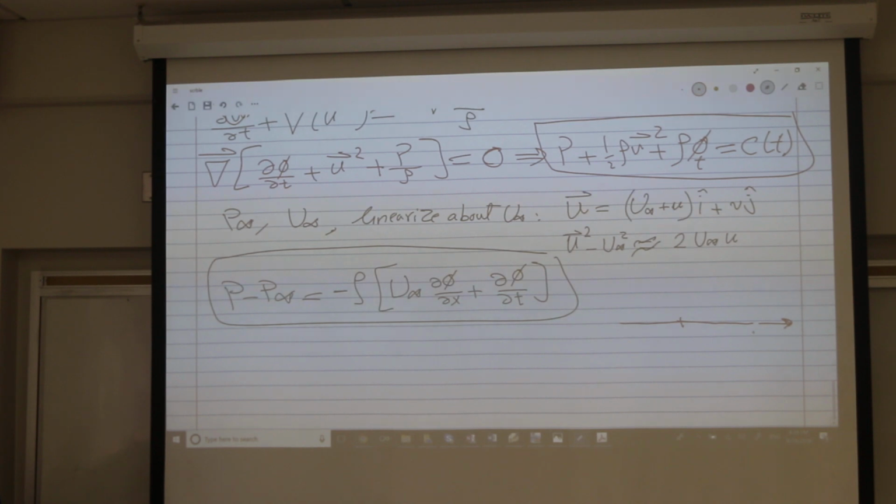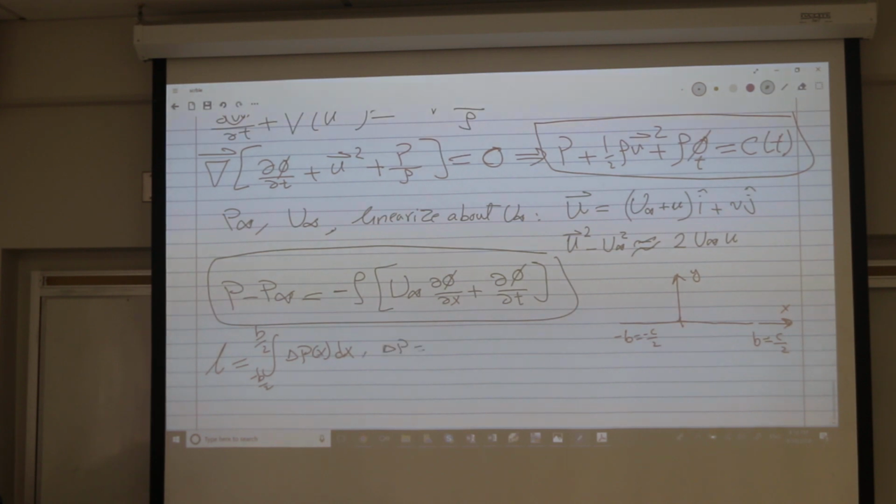We have here semi-chord b, so this is b over 2, negative b over 2, x and y. So the lift is the integral from negative b over 2 to b over 2 of delta pressure of x dx, right?